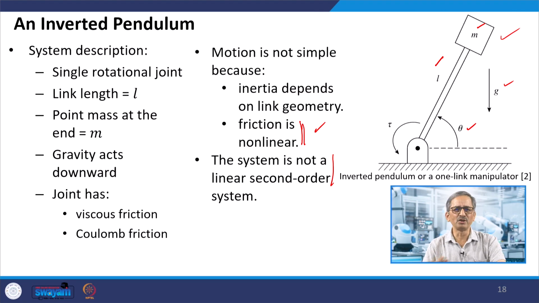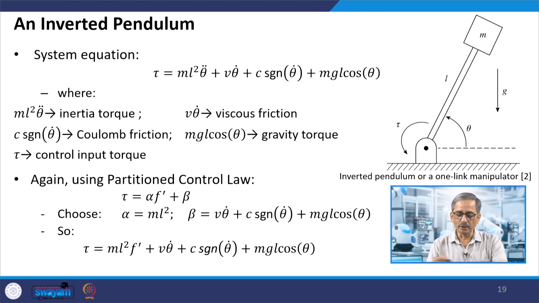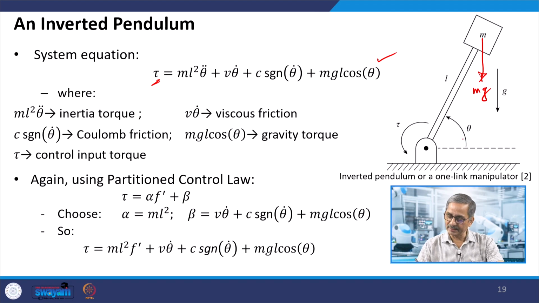To generalize this, I can assume that the joint has viscous friction as well as Coulomb friction, and that is the way to make your friction modeling more generalized and more realistic. So what is going to be the torque in this case? You see, this is going to be the weight because of the mass at the tip, and this angle is theta.